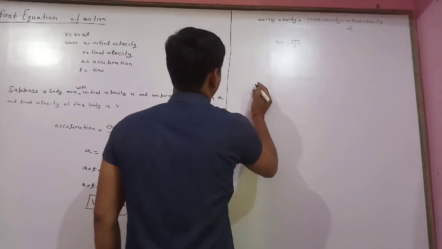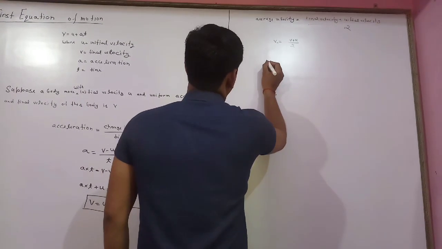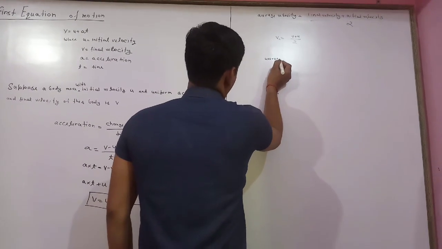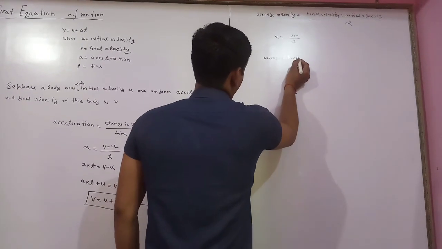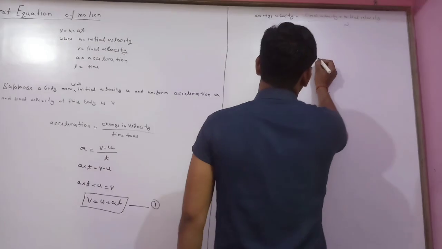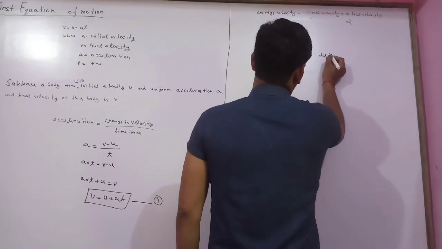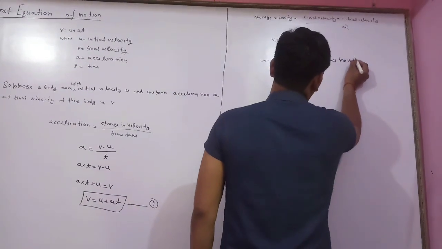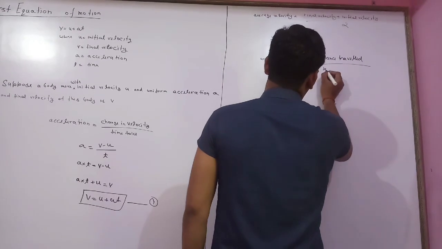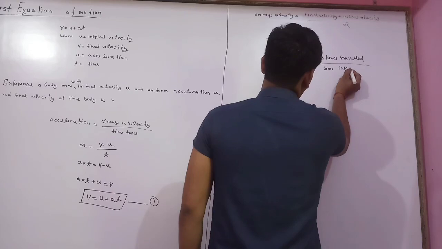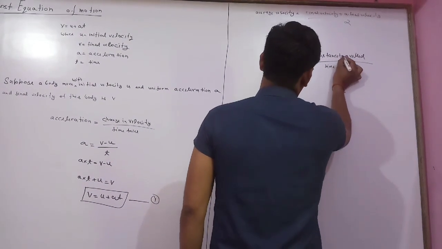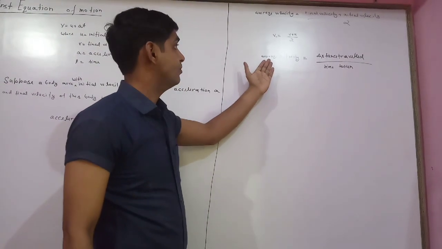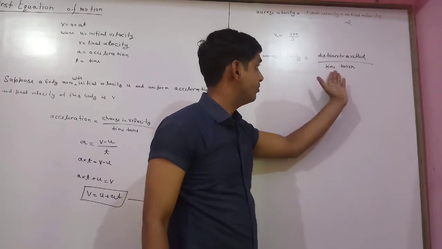After that, we know the other formula of average velocity is distance traveled upon time taken.